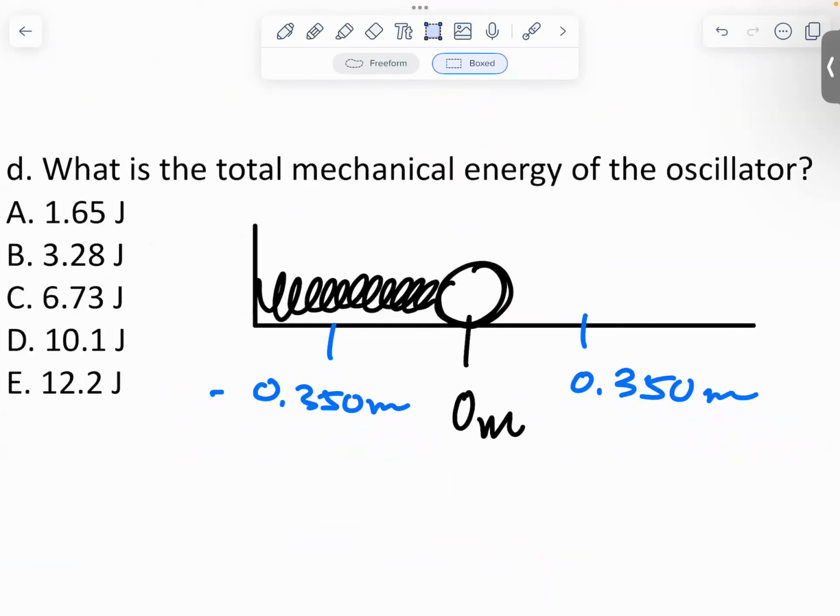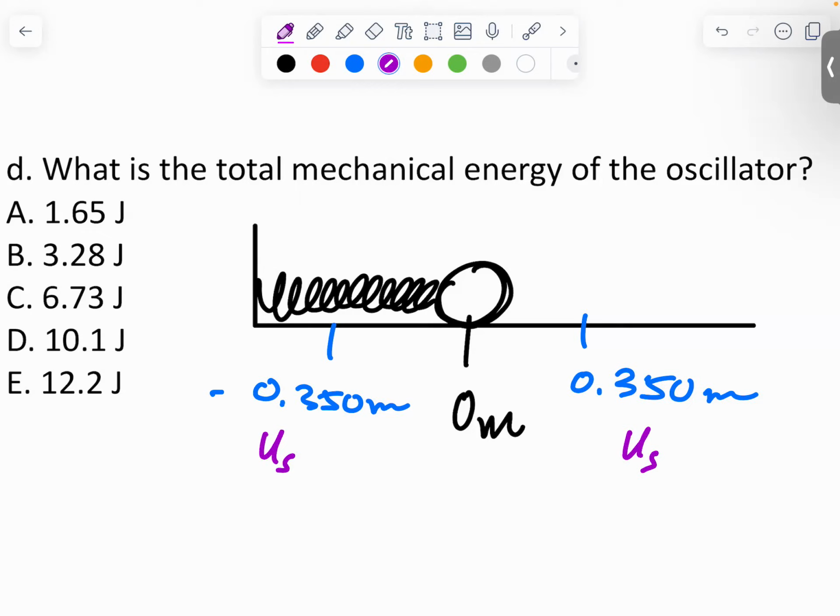We got spring potential, right? Where would it have the highest spring potential energy? Compressed? And stretched. Yeah, when it's compressed or stretched, that would be the elastic potential energy right there.